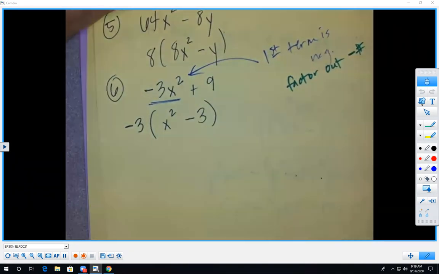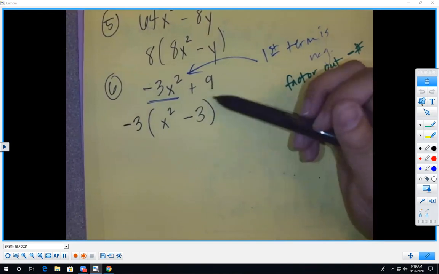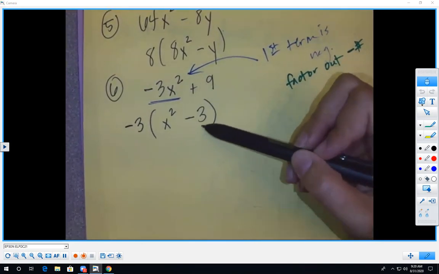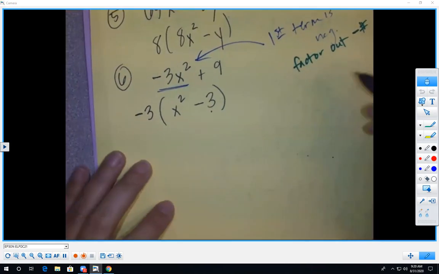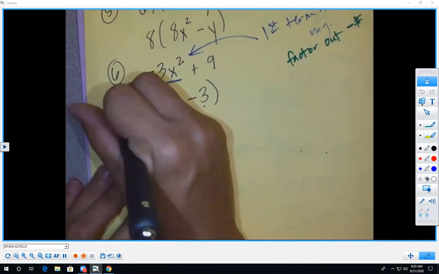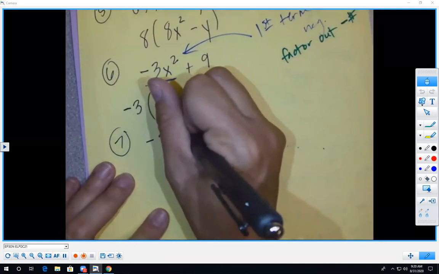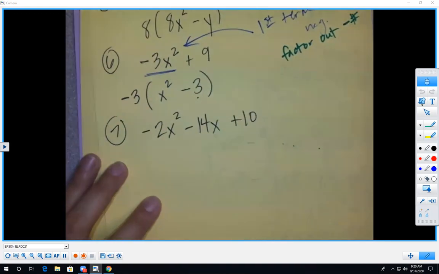So notice when you factor out a negative, it changes all the signs of everything inside the parentheses. If you finish and your signs aren't different from what you started with, you forgot to do something. Make sure that all your signs are different. A lot of times we need for that to happen, so this is a really helpful thing for us. Let's do another one like that. What about if I had -2x squared minus 14x plus 10?